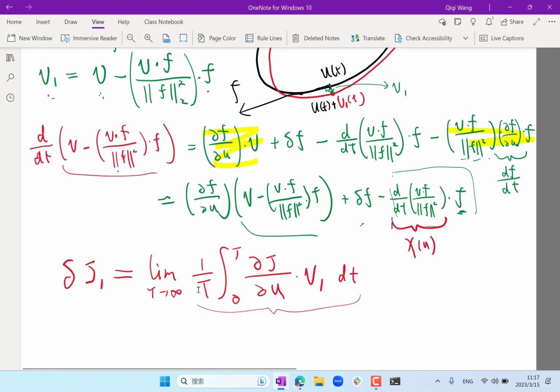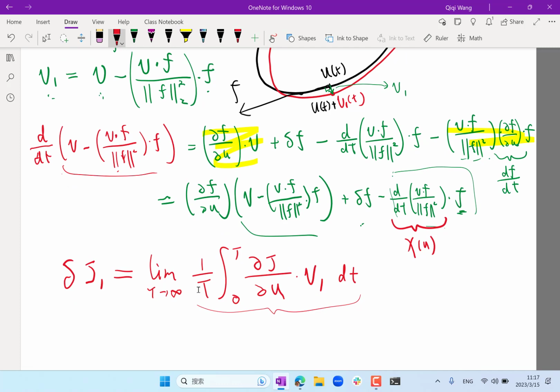We have analyzed by the end of the last lecture that delta J1 can simply be approximated by this: when t is very large, delta J1 can be approximated by a time average of the partial derivative of the instantaneous objective function with respect to u, times our tangent solution.